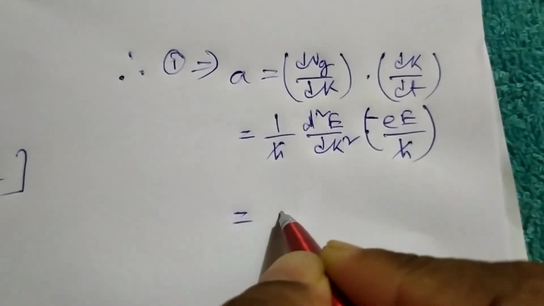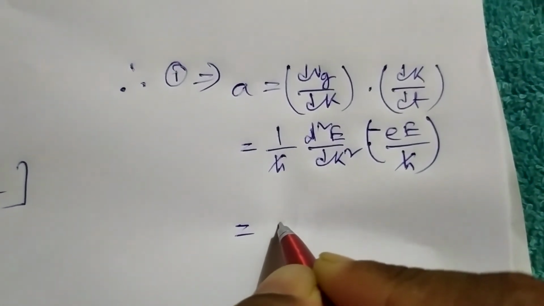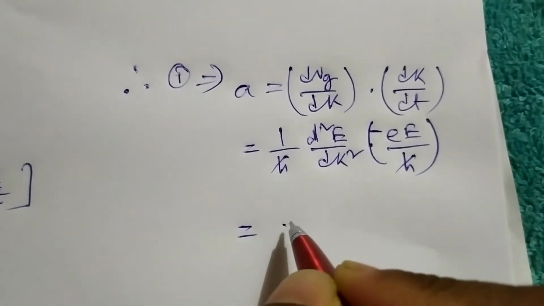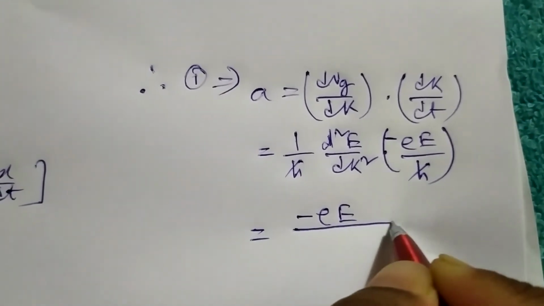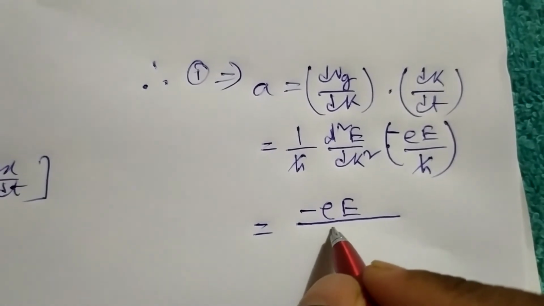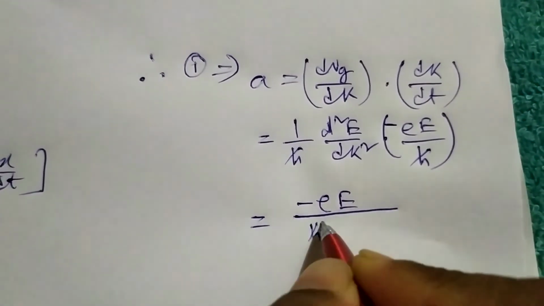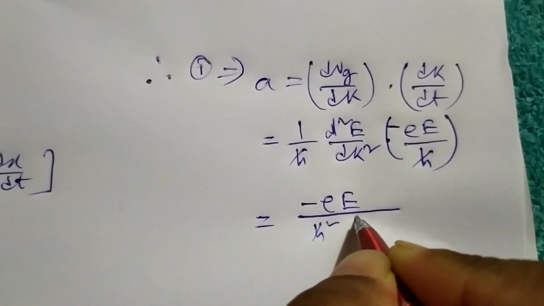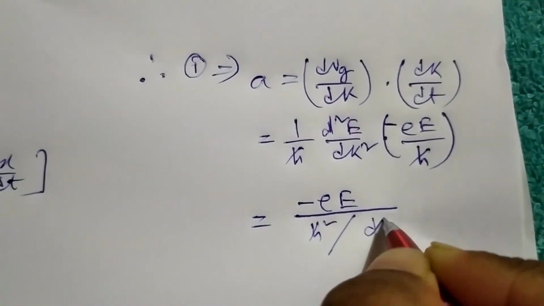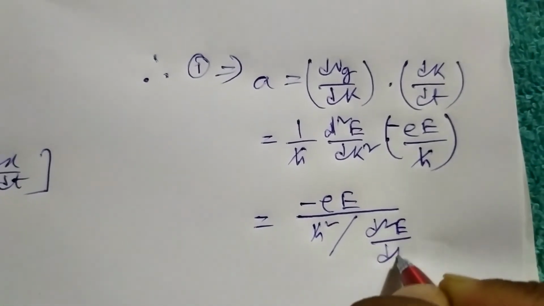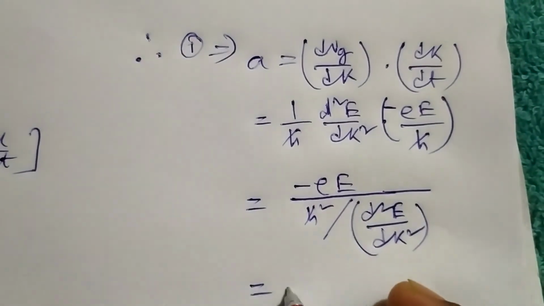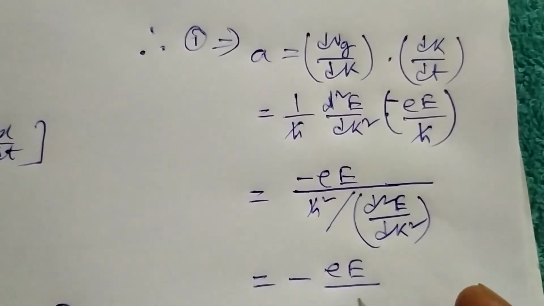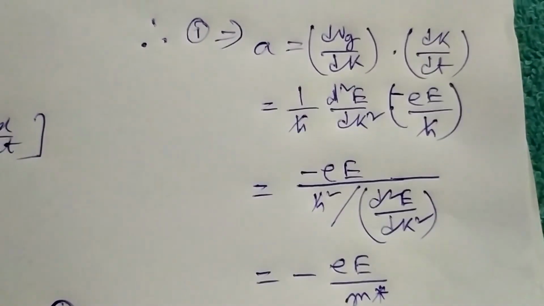So you can write minus eE by h cut square d2E/dk2, and you can write this as minus eE by m star.